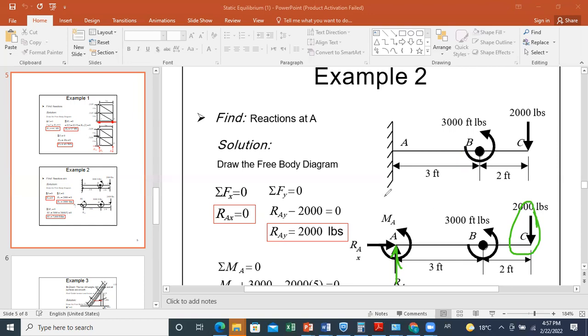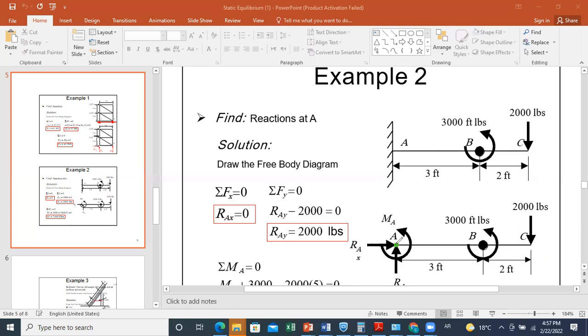Finally, I still need to find my couple MA. To get the value of the couple MA, I can do sum of moments about any point on my figure, A, or B, or C. Now, why is A easier to select?